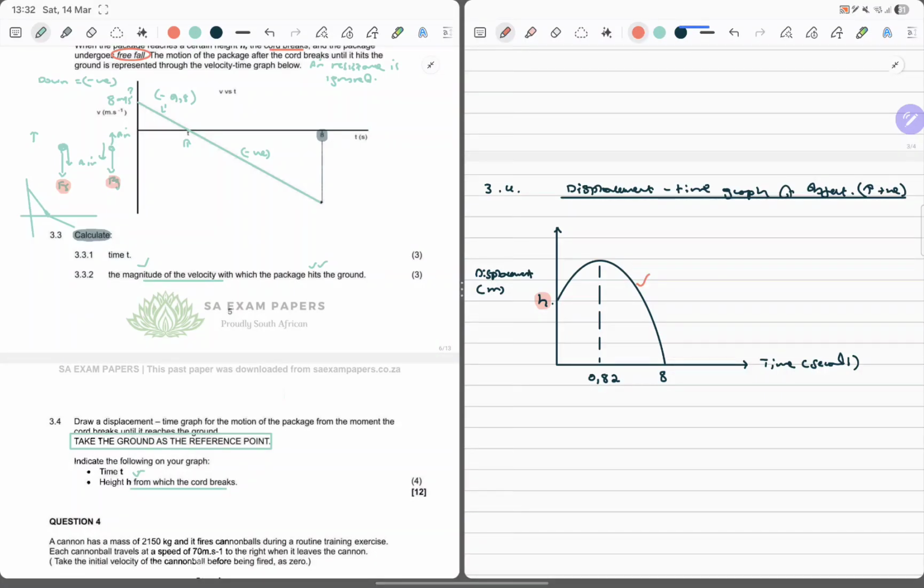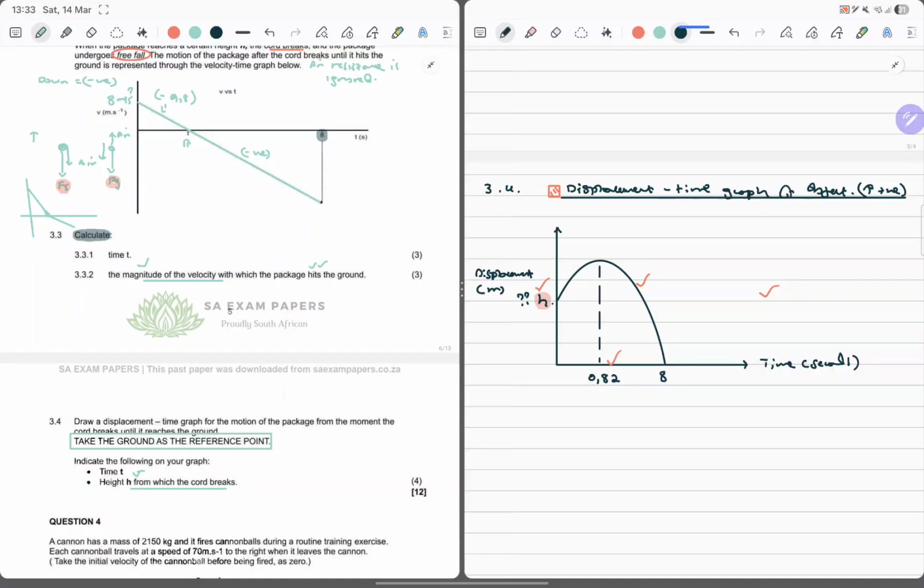We know that this is parabolic, and for indicating the time that was required, and obviously the height h, and maybe the last mark for making sure the axes are labeled and the graph has a label. And maybe the extra mark would be working out h. I'm not too sure. You will have to consult the memo, but I don't think they were forthcoming in terms of saying the value of h. They didn't tell us that.